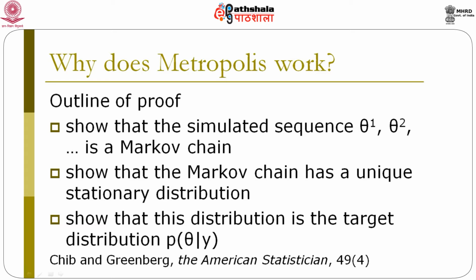The second thing is to show that the Markov chain has a unique stationary distribution, provided aperiodicity, ergodicity and irreducibility hold, so that this stationary distribution is actually the distribution of our interest, which is the target density. You can see the proof in the paper by Chib and Greenberg in American Statistician, volume 49.